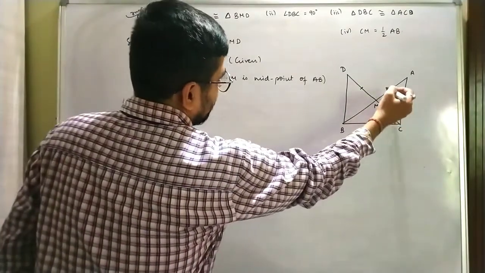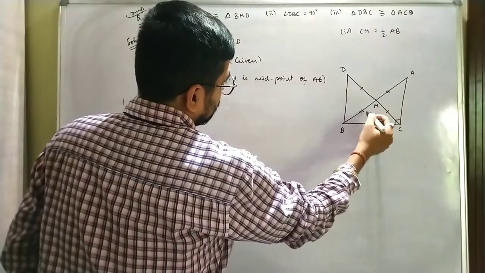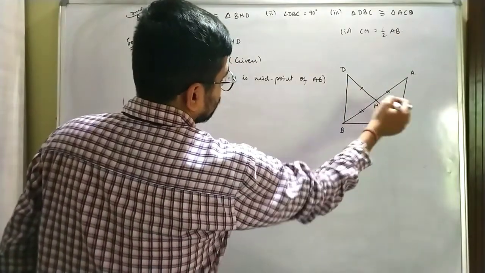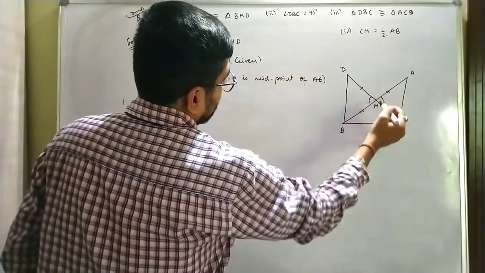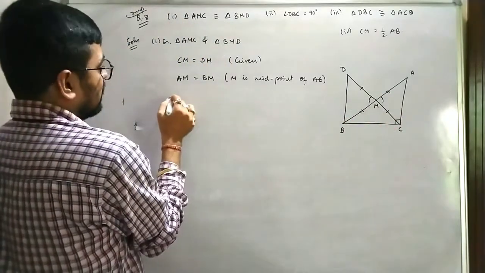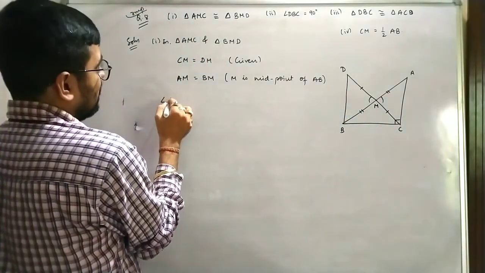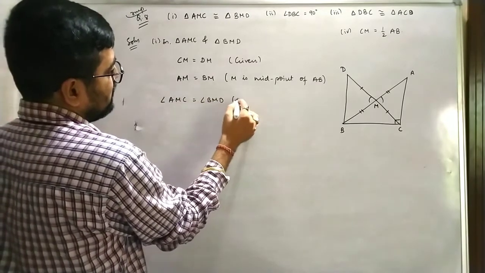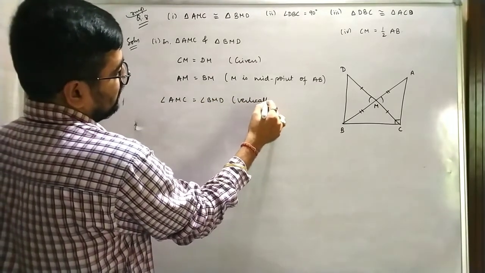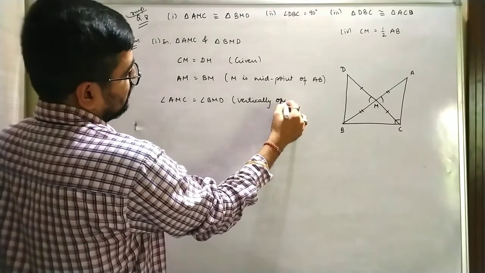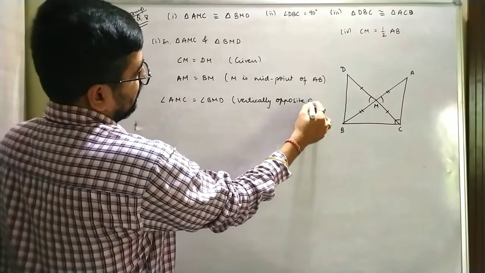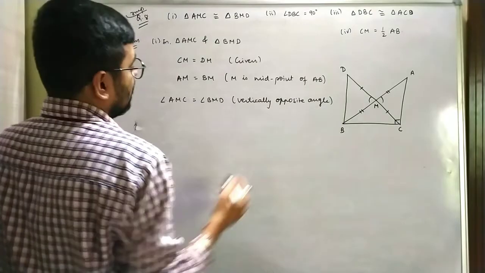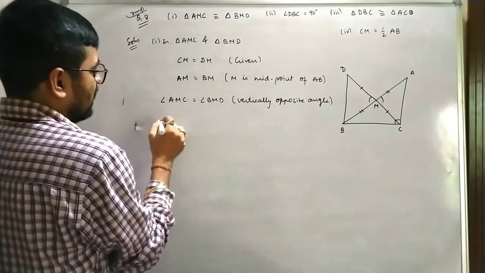Correct? I know these two sides are equal, and we are looking at these two triangles, so I can say this is a vertically opposite angle.